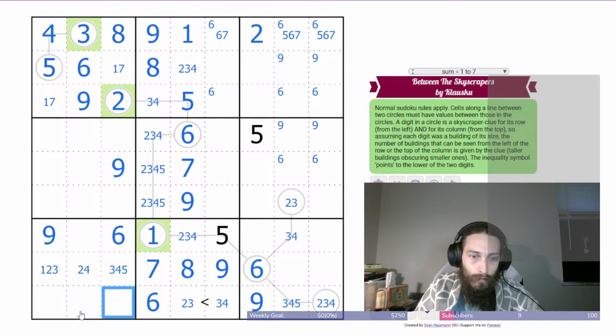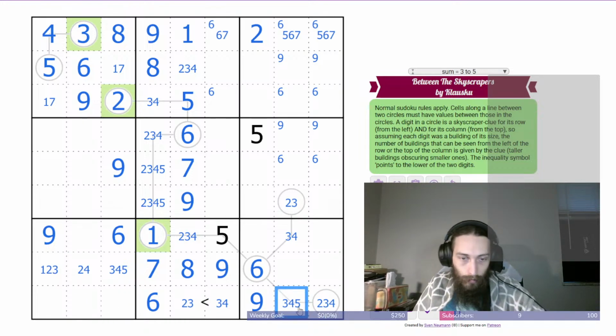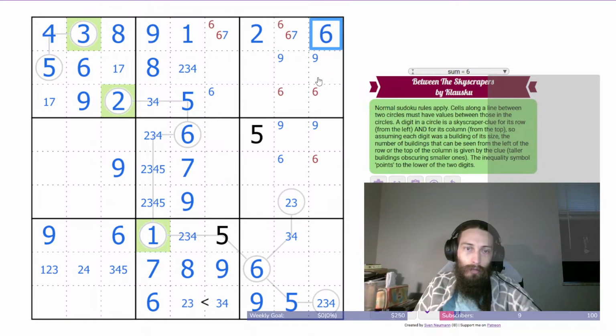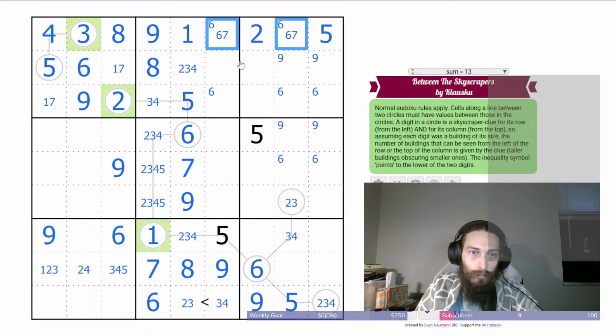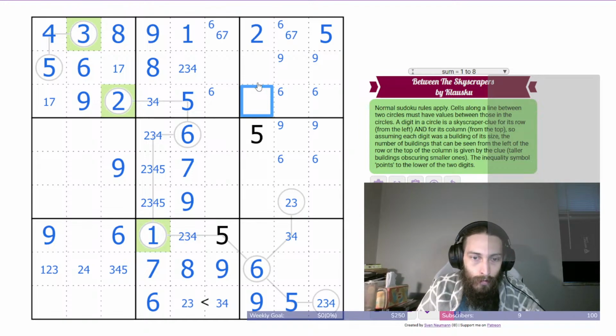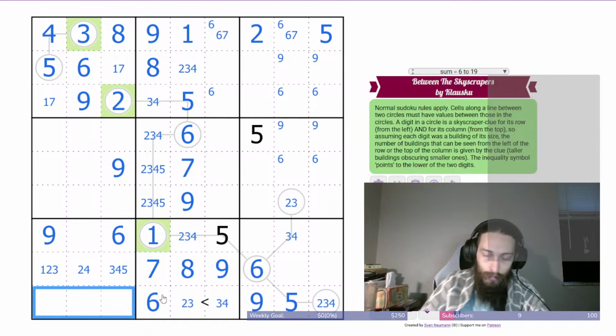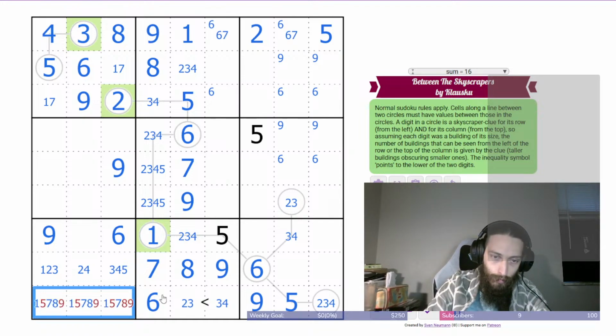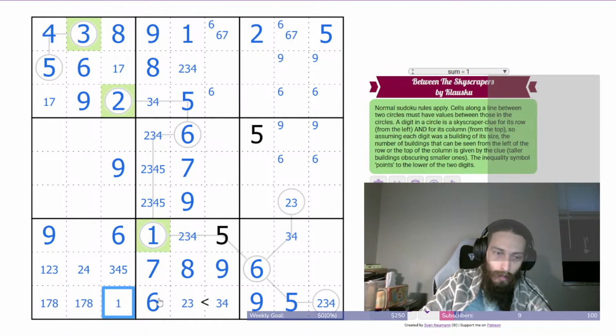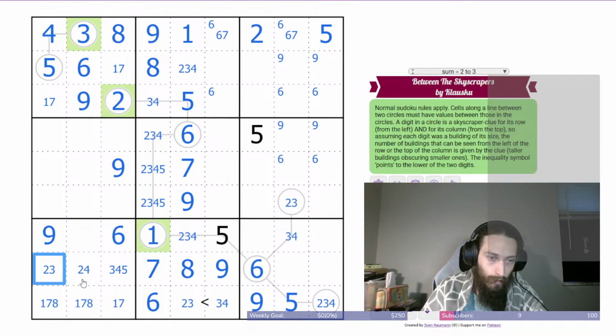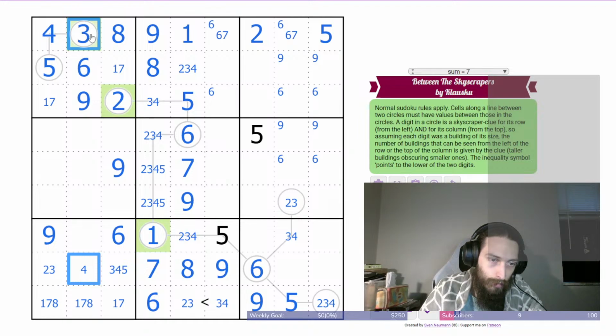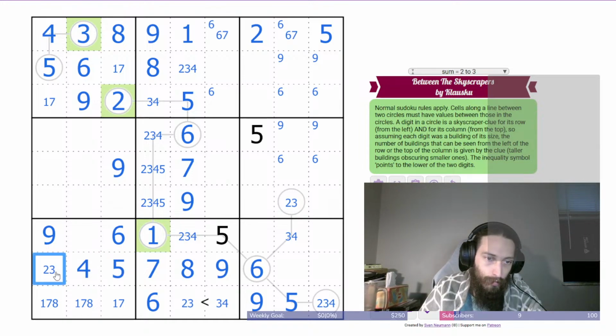Row 9 has a 2, 3, 4 triple. This is 5. Out of 5 is 5. 2, 3, 4, 6, 9, and 5 means 1, 7, and 8. So that's not a 1. So this can't be a 2. And it can't be a 3. And that's maximum 5. So that has to be a 4. So that's a 5.